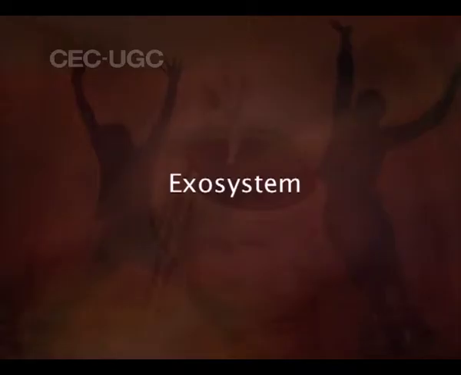Coming to the exosystem, this system works when settings in which the child does not have an active role influence the student's experiences. That is, indirect aspects in the environment have an impact on the child. For example, say there is a sudden war, and because of that war there is a depletion of resources, and the child doesn't get to enjoy outings or holidays outside the home.